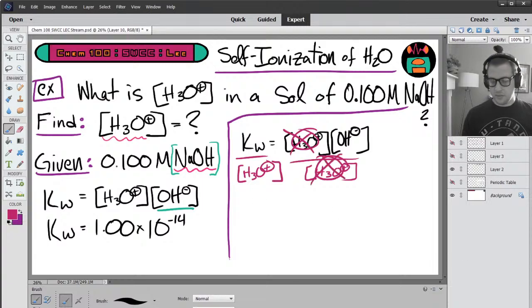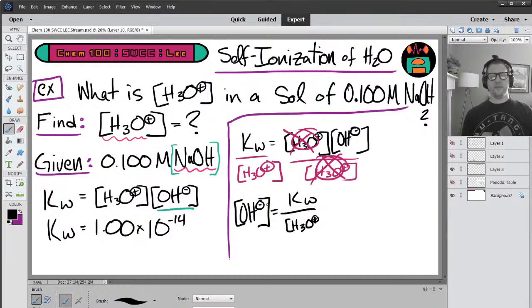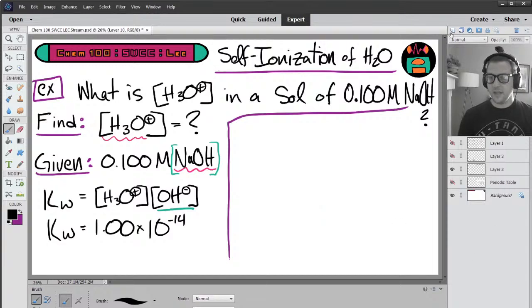So cancel, and we're left with the expression, the molarity of hydroxide is equal to Kw over the molarity of hydronium. Oh wait, I'm so sorry. We need to solve for hydronium, not hydroxide. That is my bad.